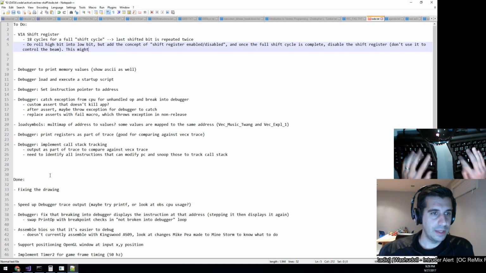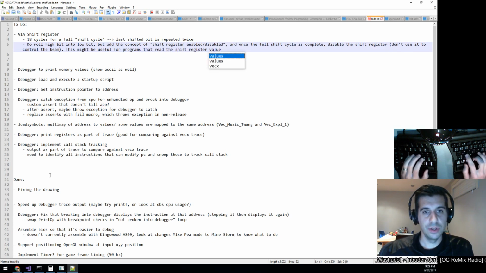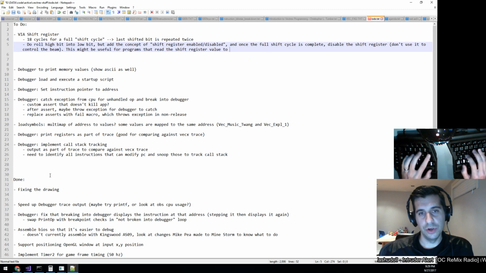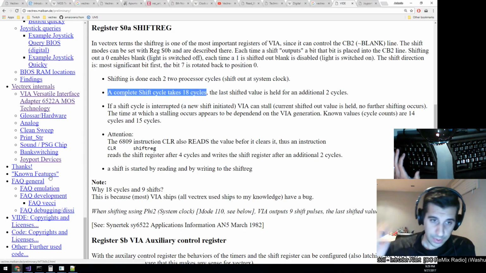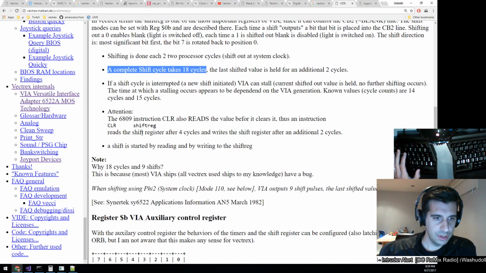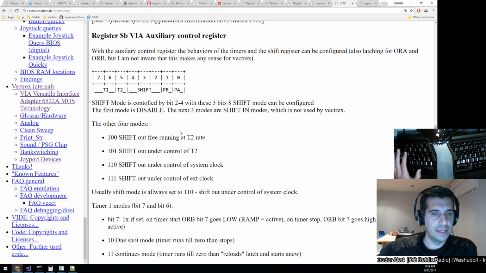This might be useful for programs that read the shift register value to know what was written there before. Okay. And then finally, no, that's good enough. All right.